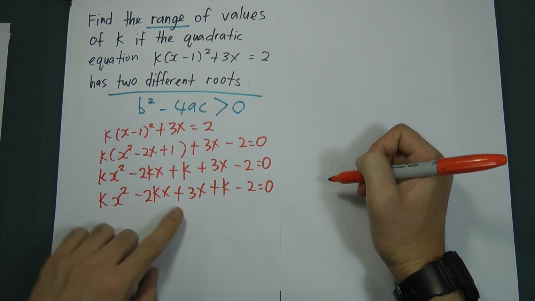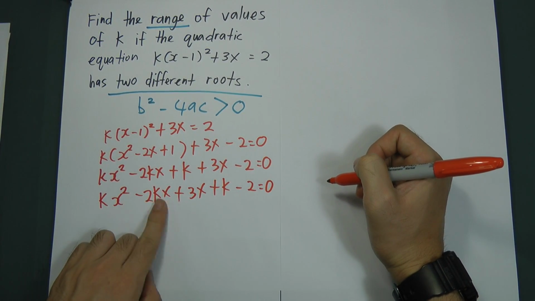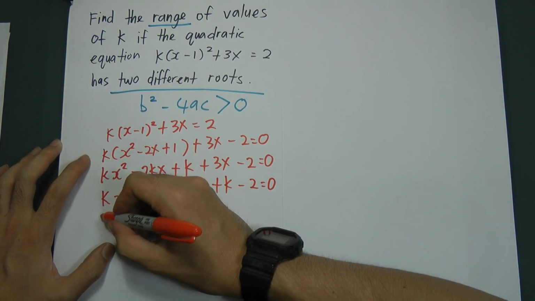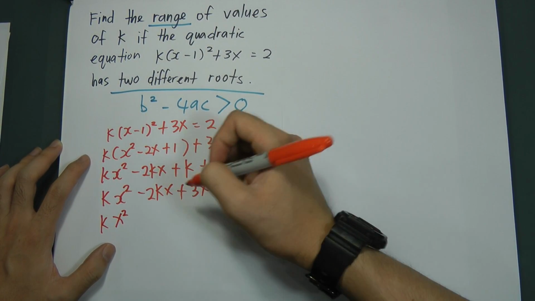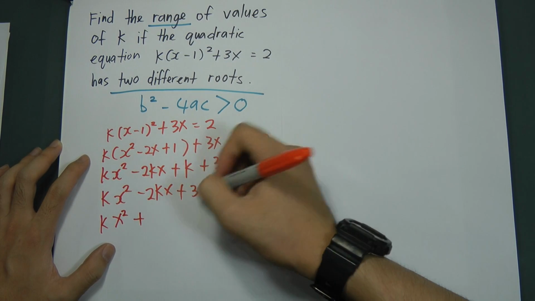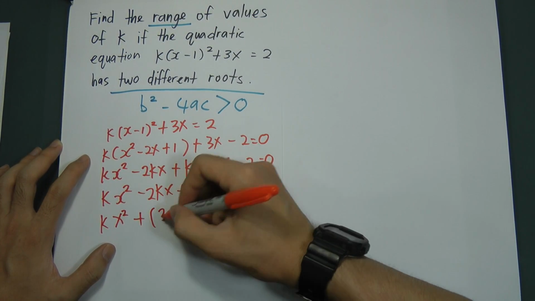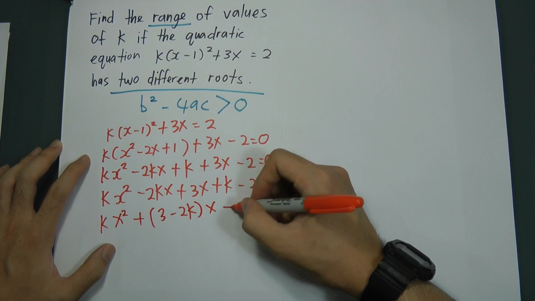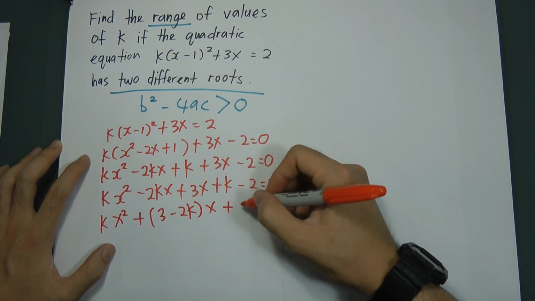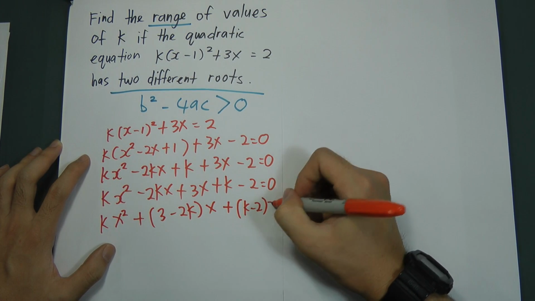Now I have to factorize out the x because of the general form. So this is kx squared plus, I put the 3 first, (3 minus 2k)x, plus this is c, c will be k minus 2, equal to 0.